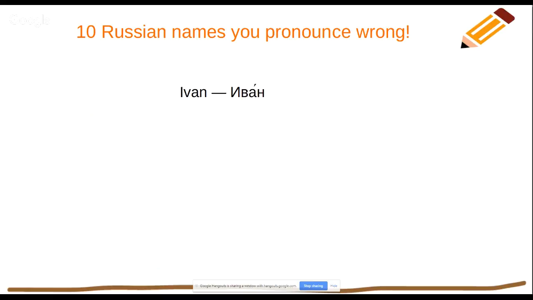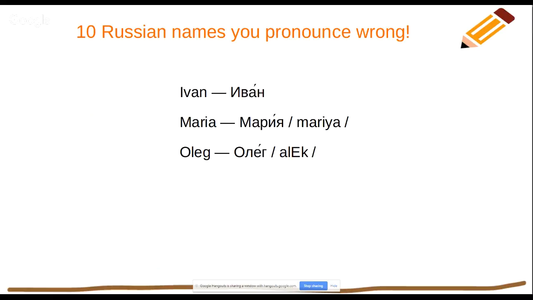Okay, let's take a look at some other names, just some pairs for you. Ivan, the stress is on the second syllable. Maria. Oleg is pronounced as Oleg.